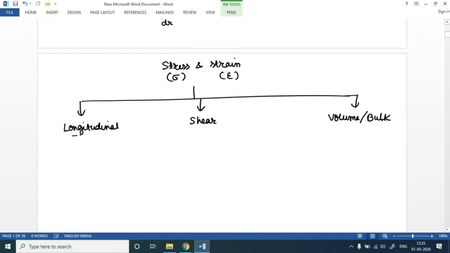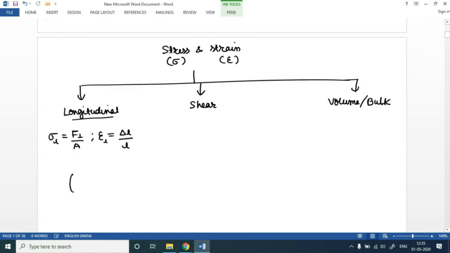Okay, so longitudinal stress is defined as, let's say, sigma L, which would be perpendicular force upon area, and longitudinal strain would be defined as change in length by L. Let's say, for example, we have a wire, and I am trying to stretch it by exerting some external force from both sides.